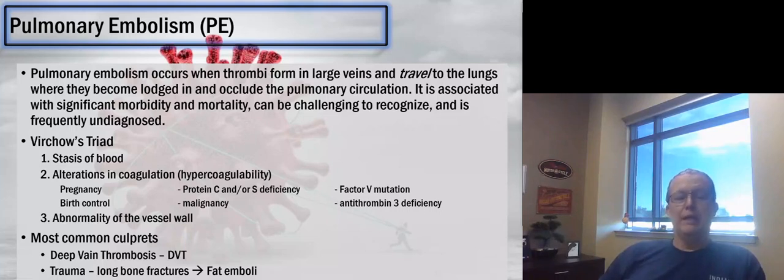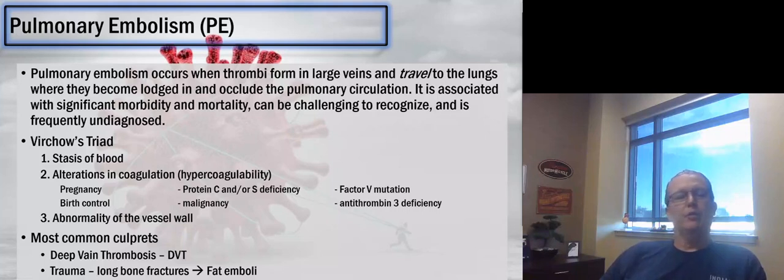So these would be bones like the femur or humerus, long, big bones. Obviously the larger the bone and fracture, the more likelihood there is for the formation of fat emboli. Those bones have a higher propensity for the formation of a fat embolus.